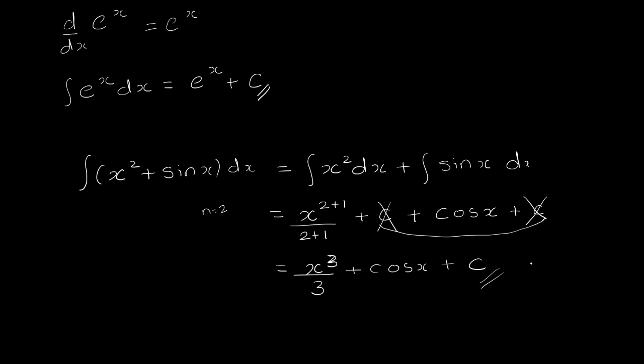So it is enough if you write it only at the end. Even if you write it in between, it is not wrong, but there is no need to write that c each time. And even if you add this c plus this c as 2c, it is also not wrong. You can write it any way, just make sure that you are writing a c there. Now this is all about the integrals.